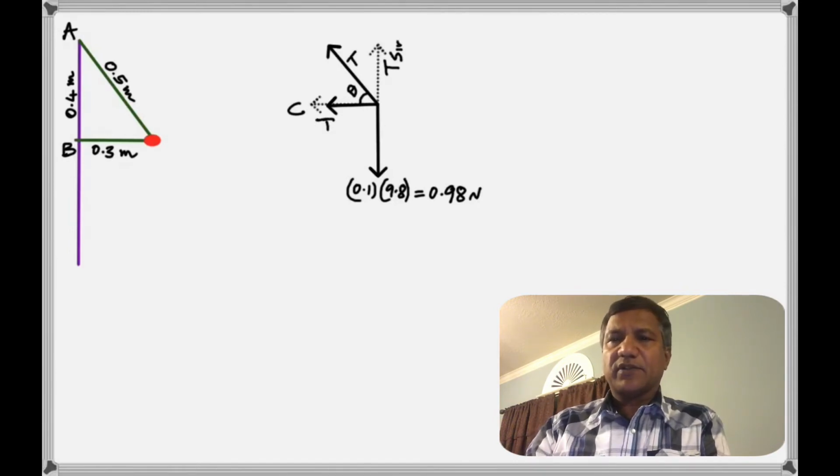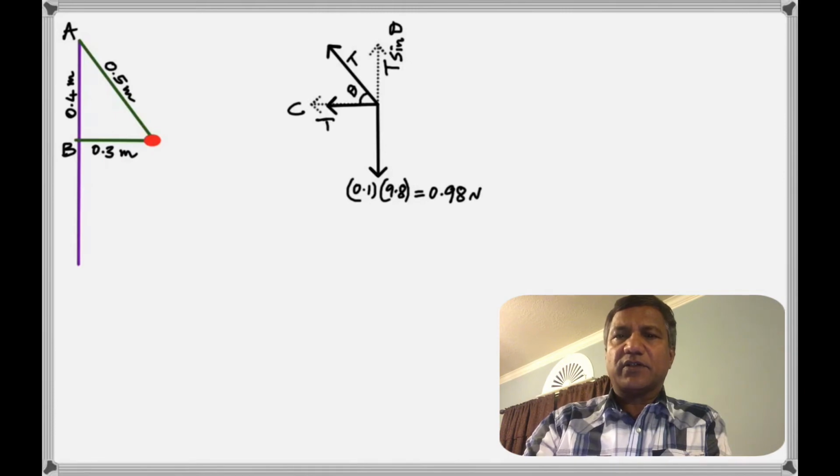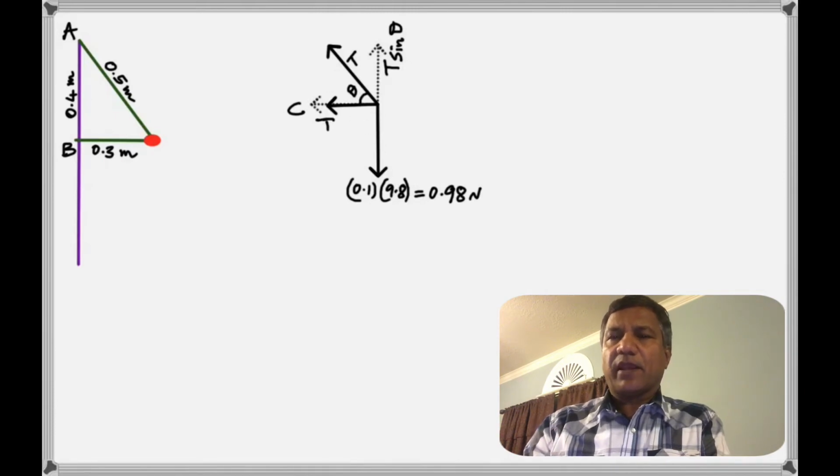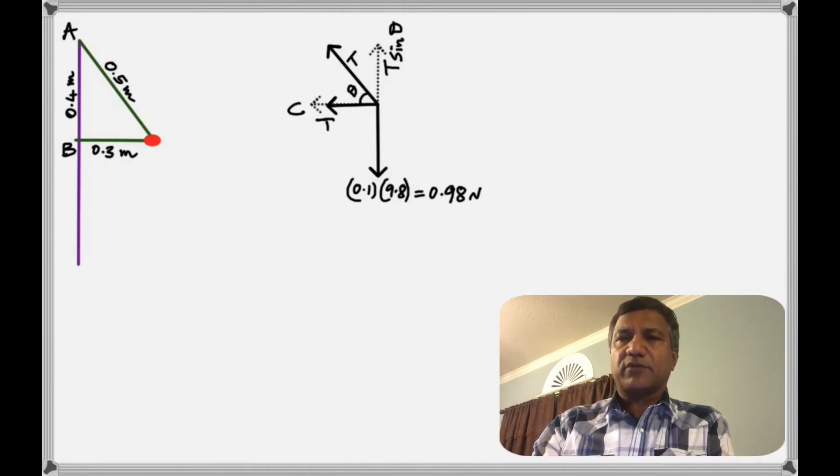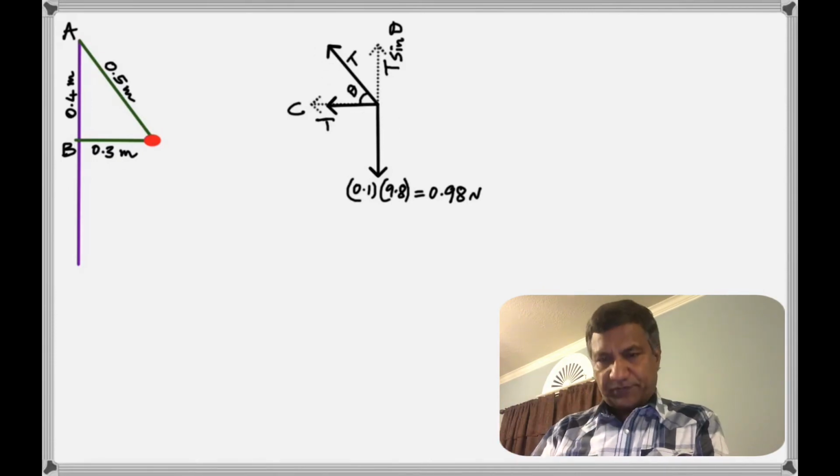And then you have the same tension in the string. To solve this question, we have to resolve this tension into its two components. If this is theta, you're going to get this as T cosine theta and this as T sine theta. Those are the components of this tension.